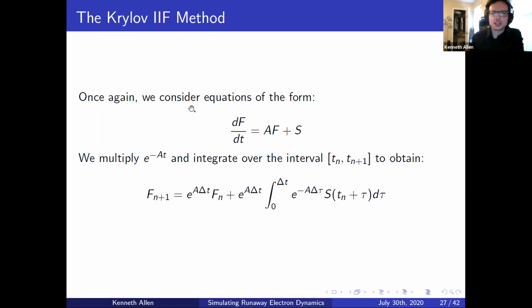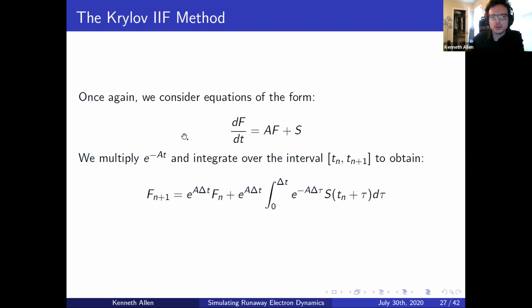Now let's look at this third time stepping method. We first looked at the forward Euler method, then the backward Euler method. Now we're going to look at the Krylov IIF method, which is what I've been focusing on. Again, we go back to our original equation, df/dt equals A times f plus s, where A is the discretization of the spatial differential operator.